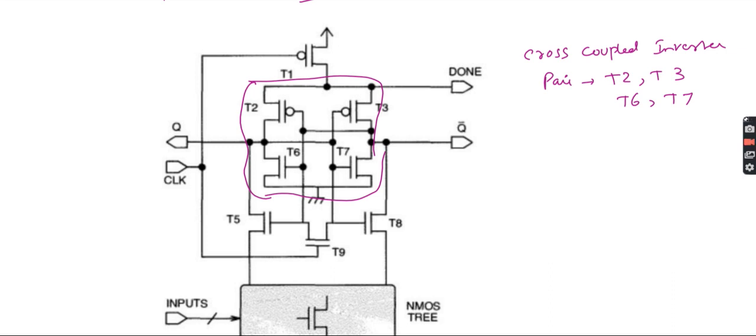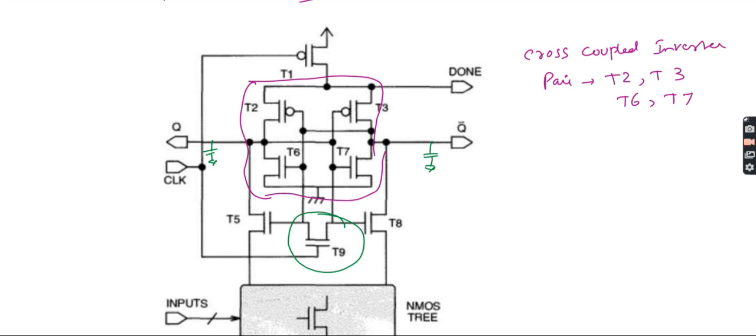Here we have Q, which will have the capacitors, and Q bar also will have the capacitors. Then this is the clock. We can see an additional transistor, this one. Now T5 and T8 are connected to the NMOS tree.